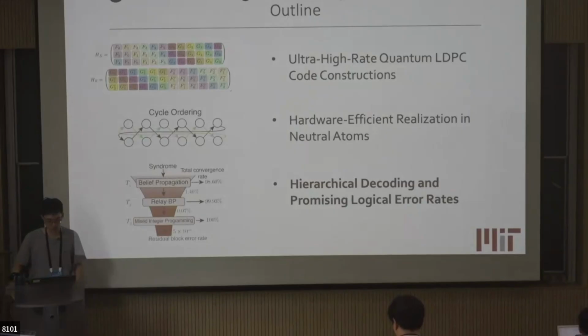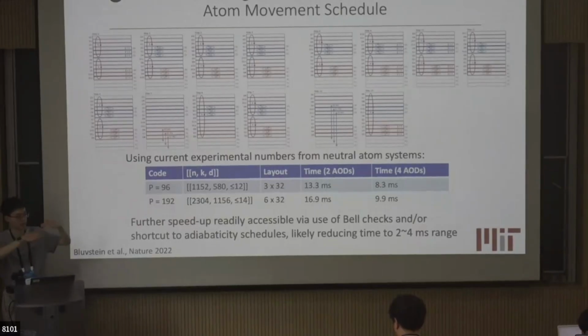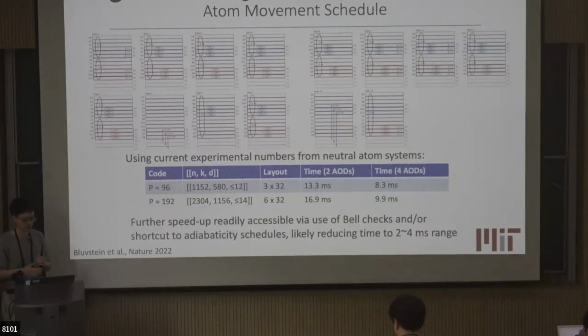Okay. So we've seen that these could potentially be implemented. Essentially, some parts you can parallelize now if you have 4 AODs. There are some parts that are parallelizable and some that are less parallelizable, and that's why you get an improvement that's almost a factor of 2, but not quite.